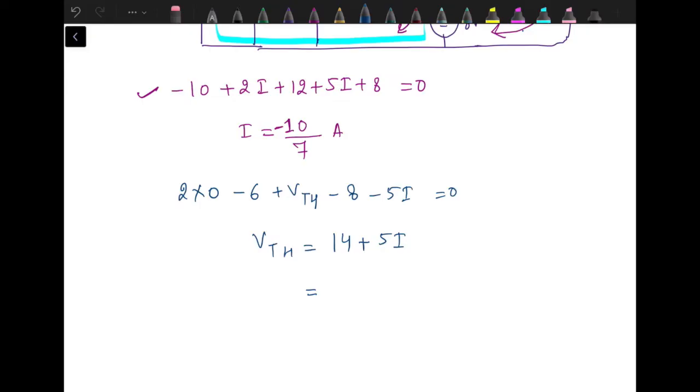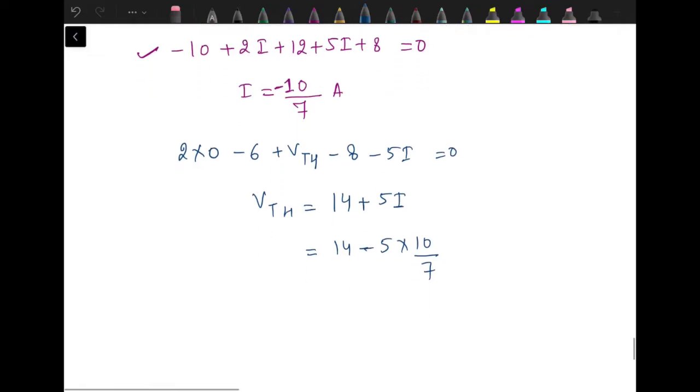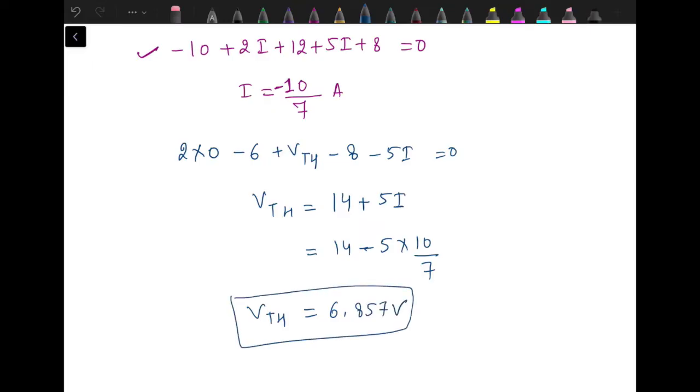So it's 14 minus 5 into 10 by 7. Since the value of I is negative, it's minus 5 into 10 by 7. So VTH is 6.857 volts. This is the value of VTH.